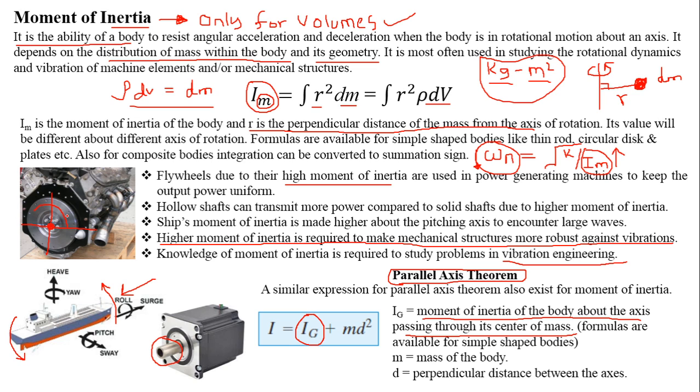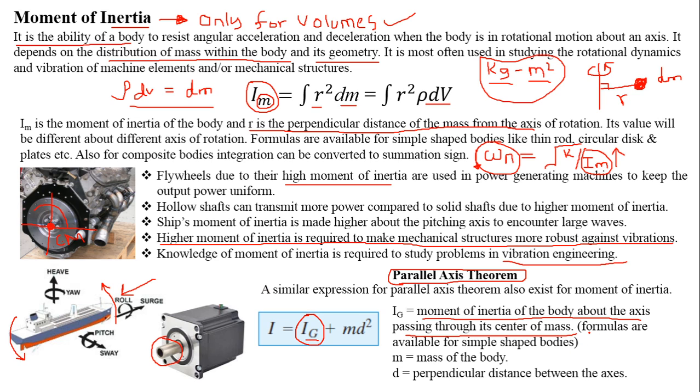So the moment of inertia of this disk about its center of mass, which is actually the centroid if the material is homogeneous, is Ig.